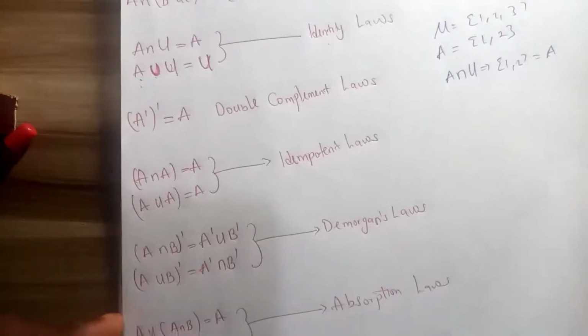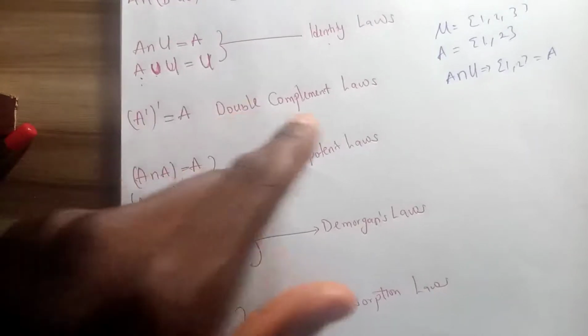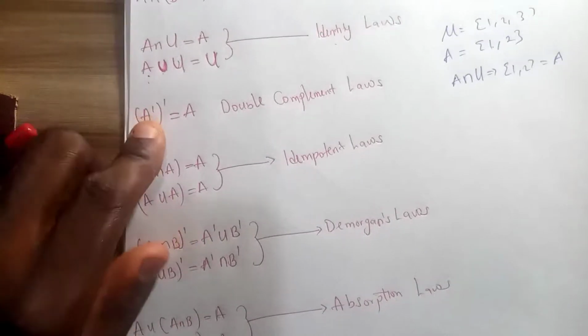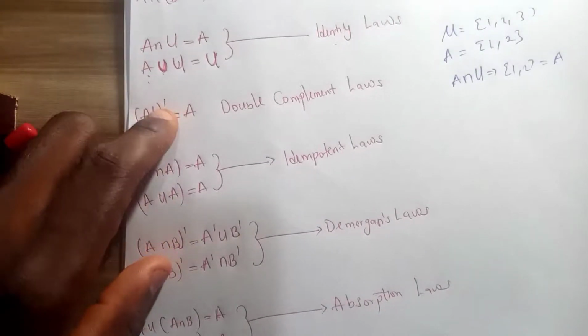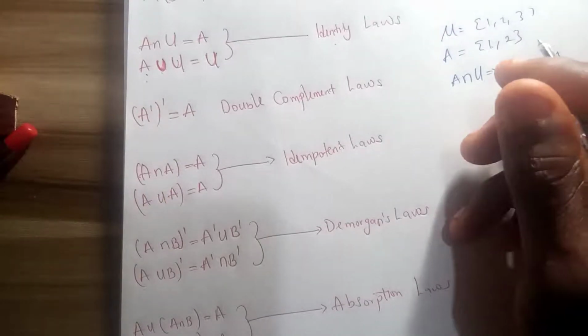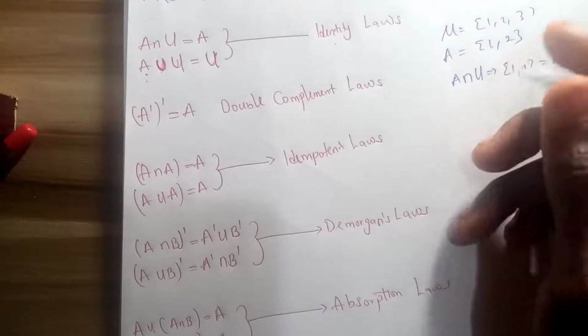So that is what we know as the identity laws. Now this one is called the double complement law. That means A prime, open a bracket, another prime. It's just like when you find a particular prime, then you find a prime again, you result back to A. You can try it.